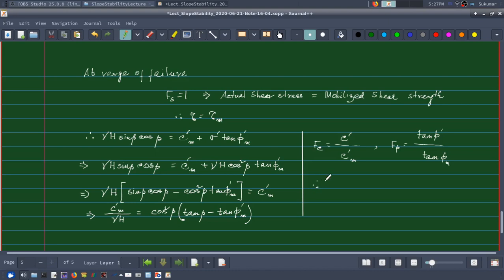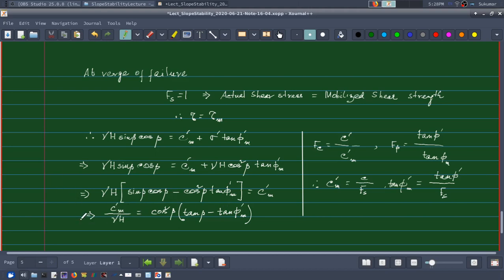So in terms of Fs I can write c dash m as c by Fs and tan phi dash m is tan phi dash by Fs.